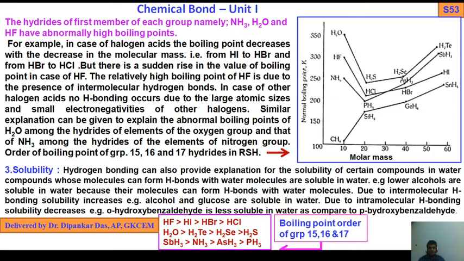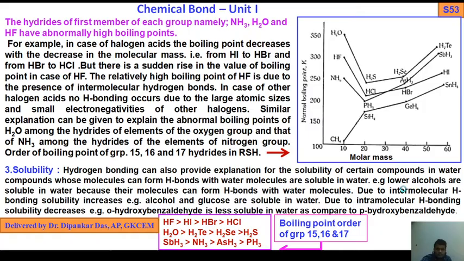The hydrides of the first member of each group, namely ammonia, water, and HF, have abnormally high boiling points. Look here: ammonia compared with the same group, PH3, AsH3, SbH3.